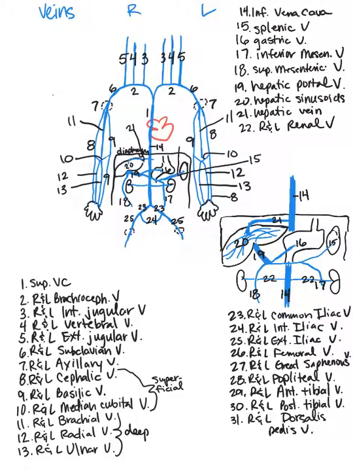Now extending off of the external iliac, basically as soon as the femoral comes, and I'm going to stop drawing it on this side, so veins are mirror images of one another, so I'm just going to finish drawing on the left. You have the great saphenous vein, which runs down the inner portion of the entire leg all the way to the foot. Okay, the femoral does a regional change around the knee, changes to the popliteal.